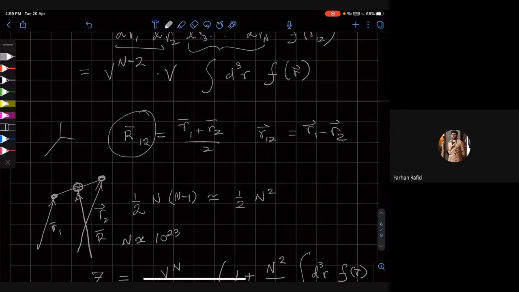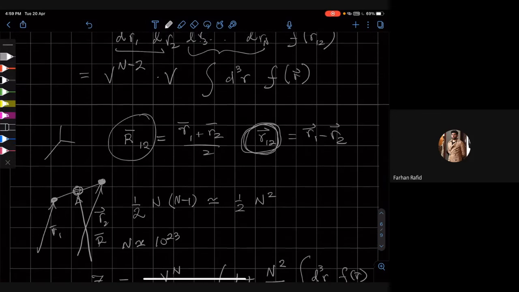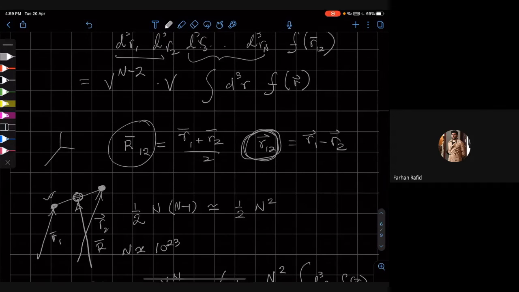Then the relative motion of these two particles is described by this vector, and that is the relative motion that I care about. The interaction energy between the two particles will depend on their relative position.